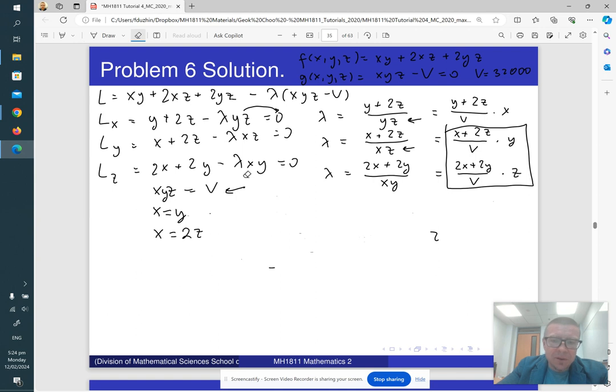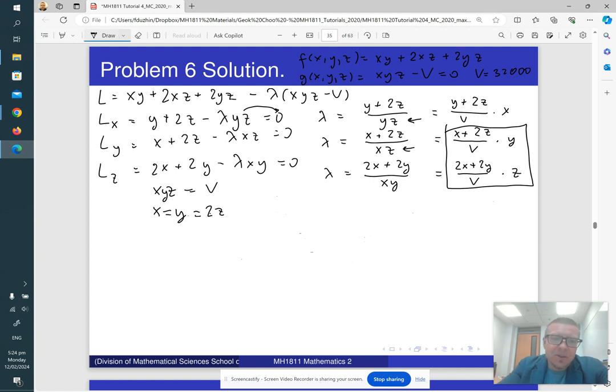So now my first three equations, after I excluded lambda, are reduced down to just two equations in x, y, and z without lambda. So x equals y and x equals 2z, right? So I can just write that x equals y equals 2z, like this.